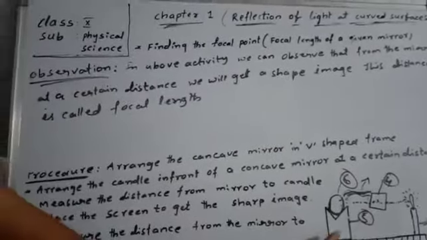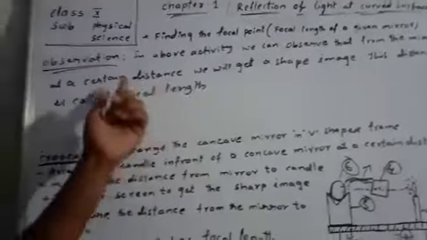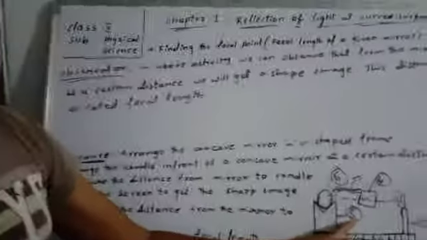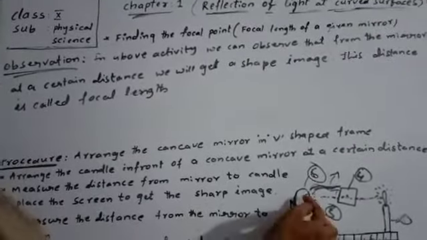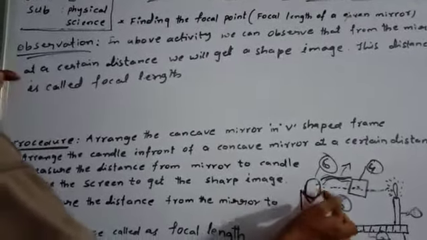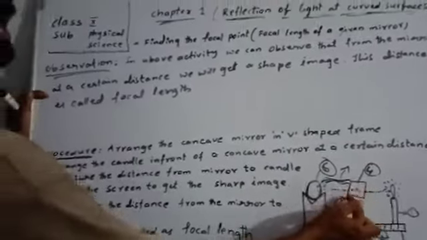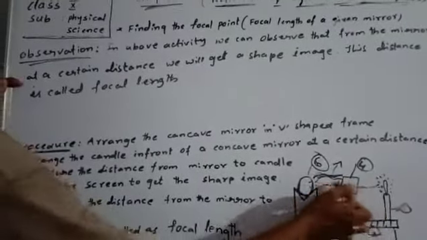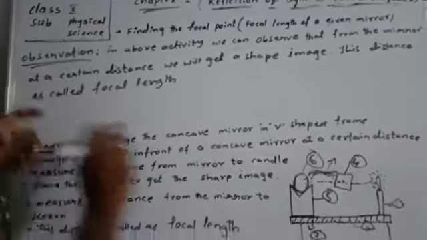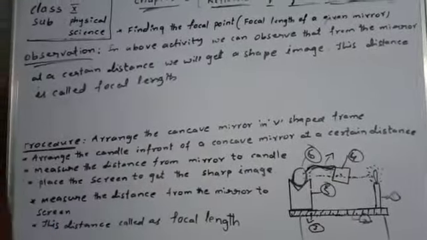What is the observation here? In this activity we observe that from the mirror at a certain distance we get a sharp image, and this distance is called the focal length.